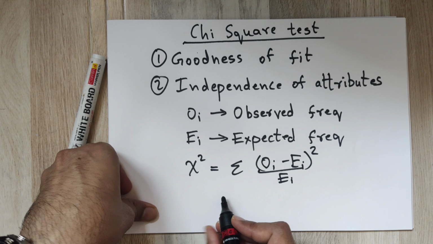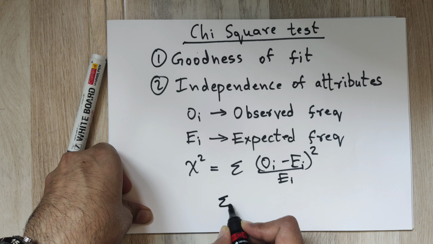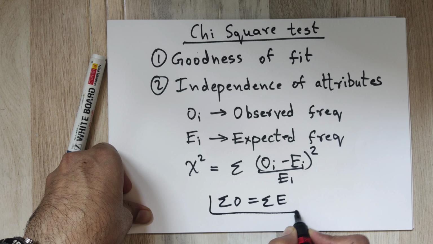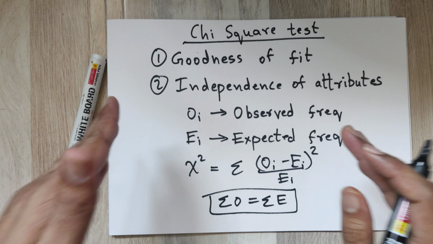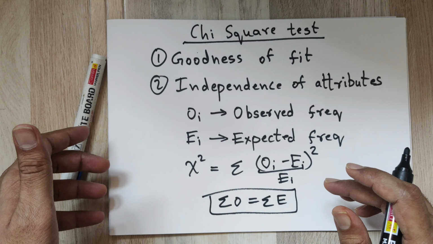The important thing to note over here, when we are calculating the expected frequencies, is that the summation of observed frequency should always be equal to the summation of expected frequency. Expected frequency we can calculate with the help of prior knowledge of the theory that we have.